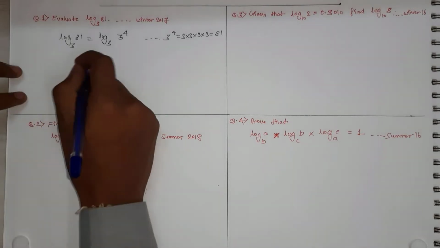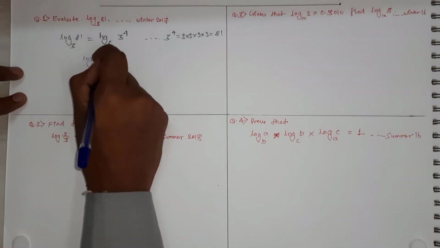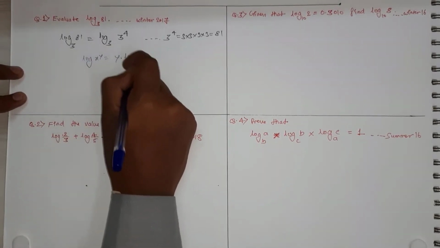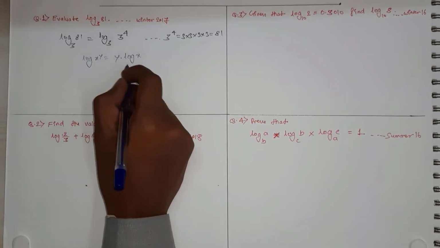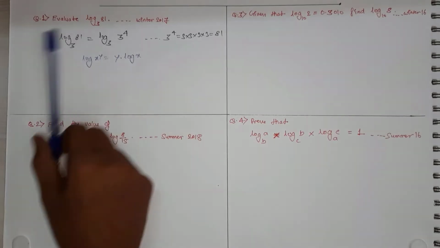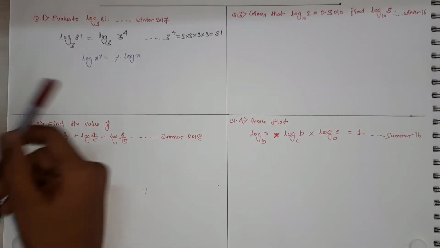As we know that log of x raised to y is equal to y into log of x. Whatever we have in power or in index can be brought in front of the log as per the formula.